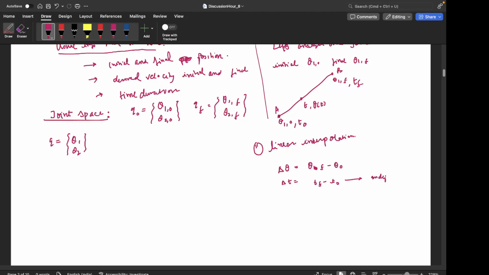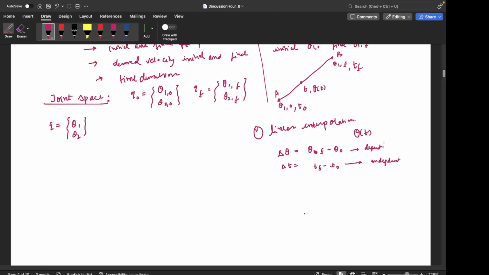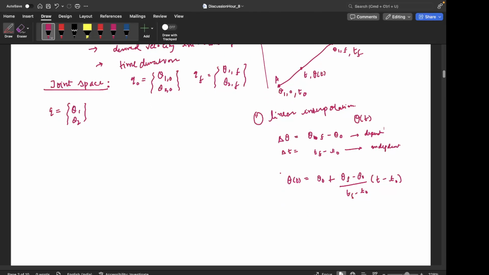Time is our independent variable and theta is our dependent variable, theta as a function of t. Theta t can be written as, and you can verify this expression, theta 0 plus theta f minus theta 0 over tf minus t0, times t minus t0, where t is the current time. This is the expression for theta t for linear interpolation.